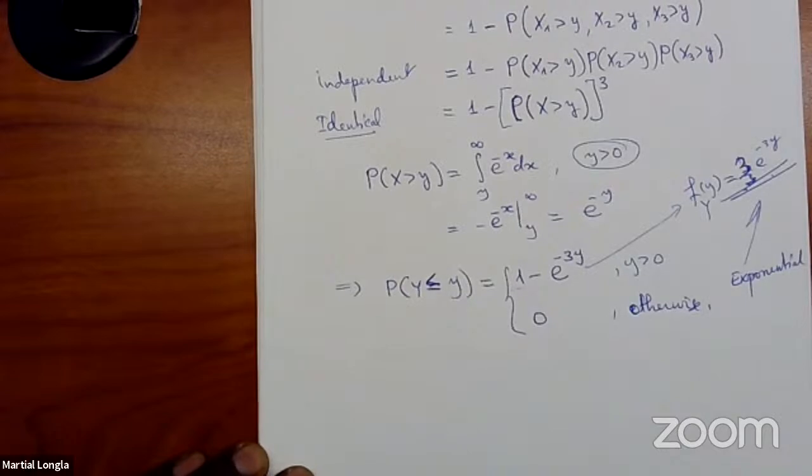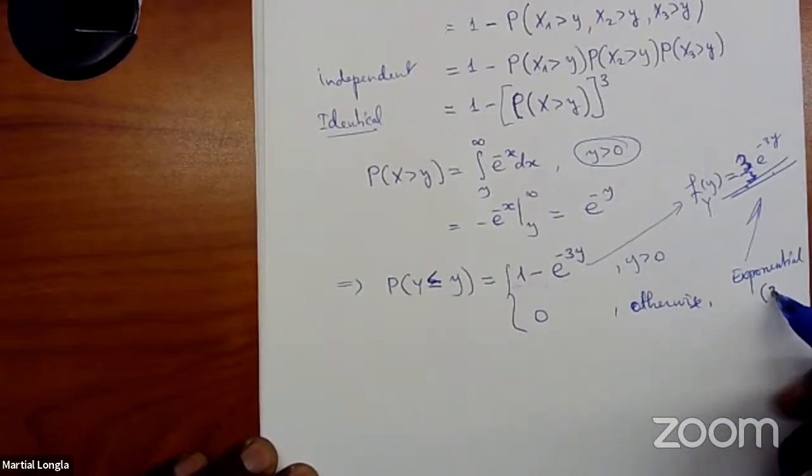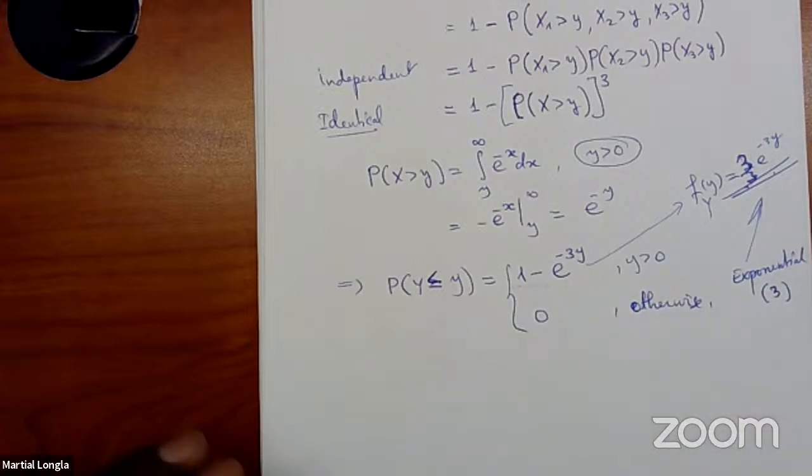Now, depending on how you put the parameters, you could call that exponential with parameter 3 or with parameter 1/3, depending on how you're putting your parameter in the distribution. And the two ways work. There are books where the exponential is with e to negative x over beta, and in other books it will be just e to negative beta x. Depending on what you start with, you know what you mean when you write that down.